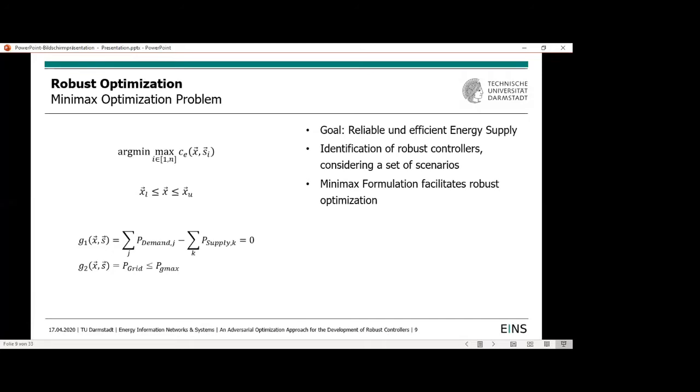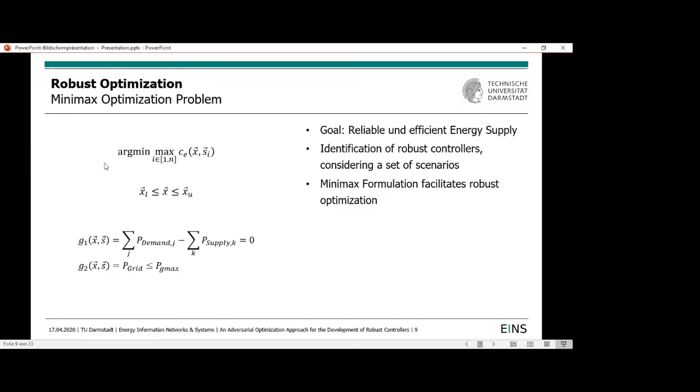The goal of the robust optimization is a reliable and efficient energy supply, such that the control strategies can cope with uncertainties and also dynamic behavior. Therefore, instead of designing the control strategy for a specific reference scenario, multiple scenarios are considered in the optimization, hence the Minimax formulation, which is depicted here.